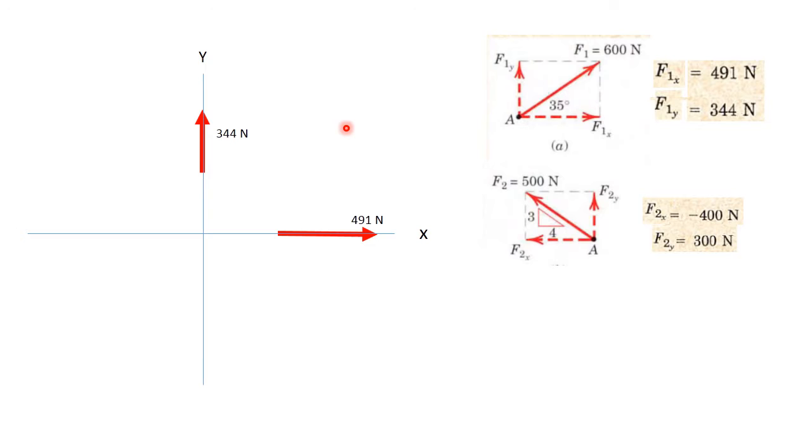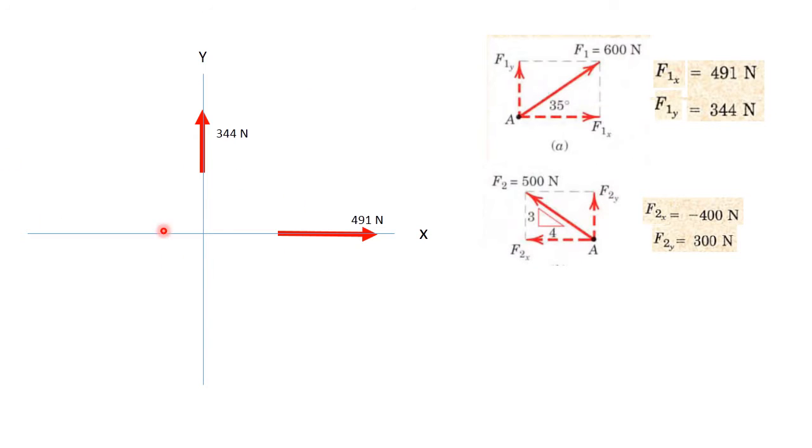Similarly, the next force is 500. Again we resolve it towards the x axis and the y axis, and we get the component directions as well as the magnitudes as cos component and sine component. The x component is minus 400. Why minus? Because it is directed towards the negative direction, the left, and the y component is 300 plus, directed upward.